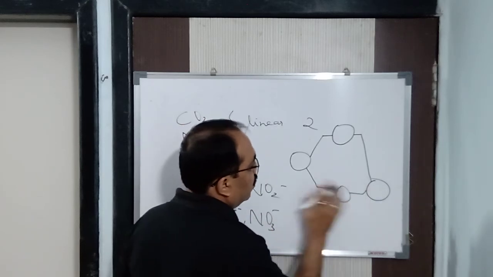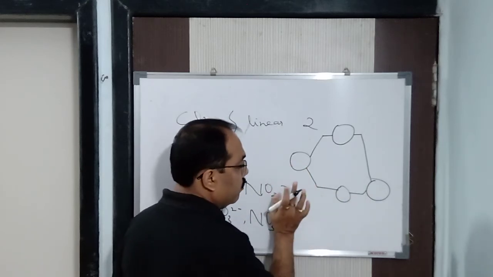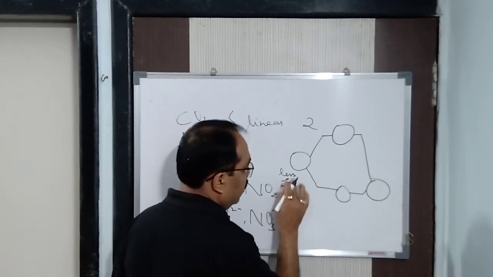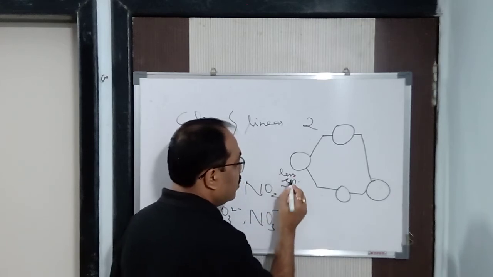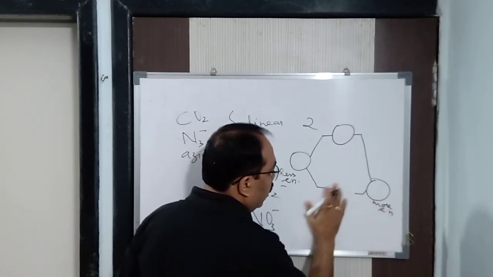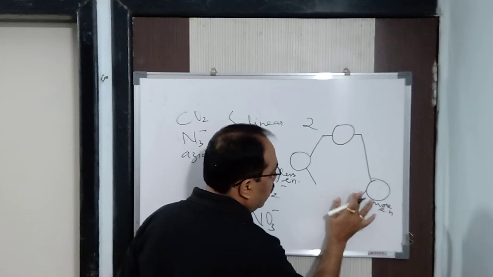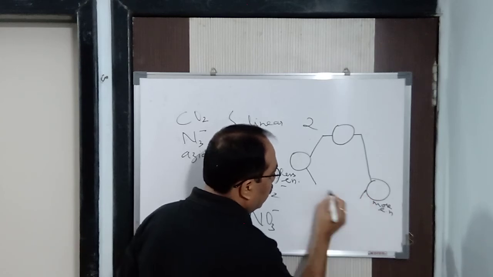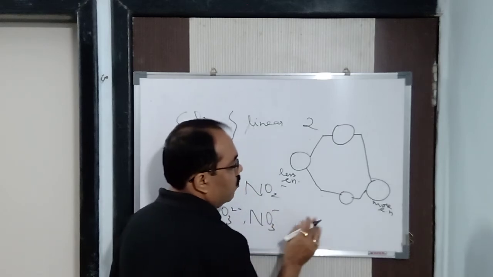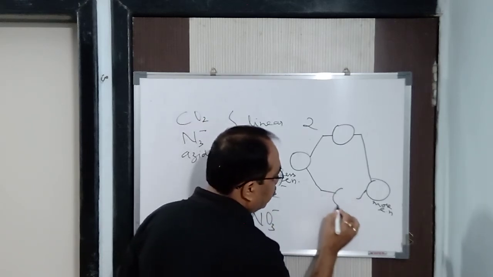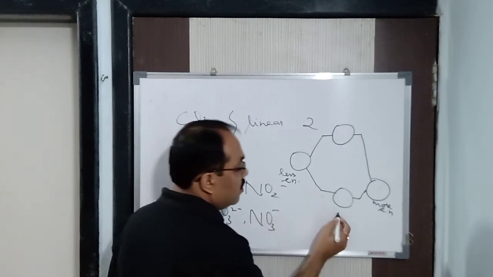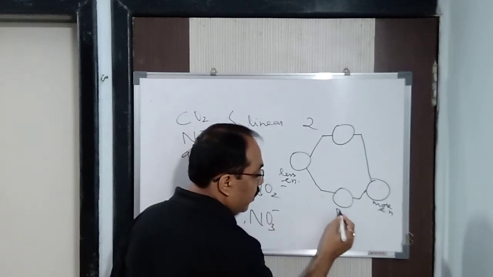This is one atom which is less electronegative, and this is more electronegative. Let me draw it a little lower so that it will be easier for you to understand. What you find is that this is your bonding molecular orbital, isn't it?